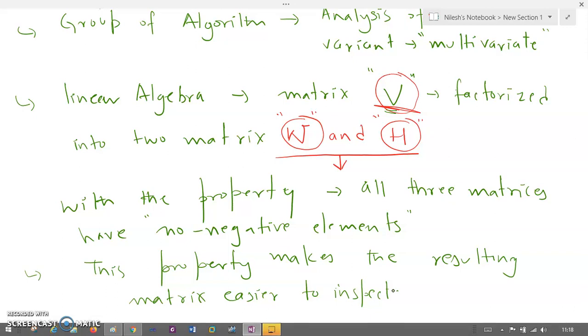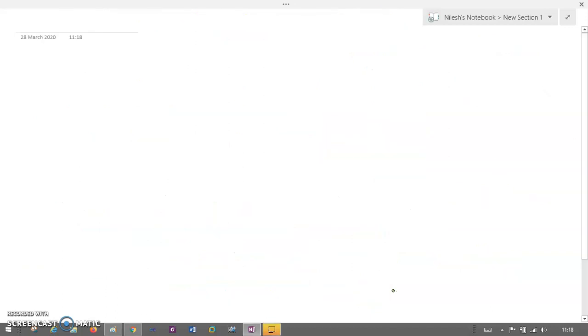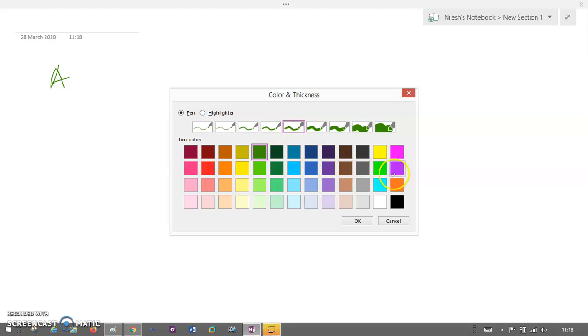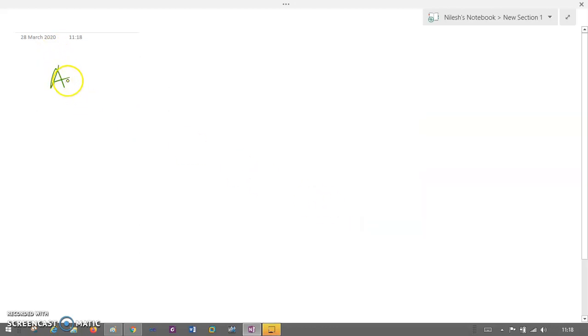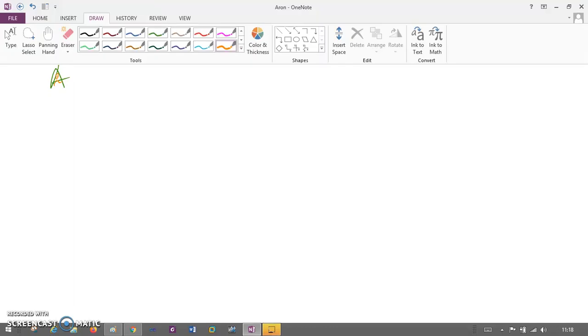And NMF has a variety of applications in the real world, not only in machine learning. I'll write it down here. Let me just change the color. Color is important. I need an eraser, I think I lost my eraser here.